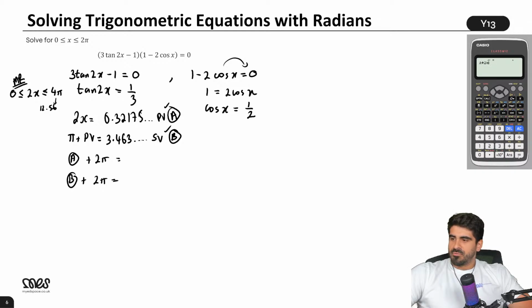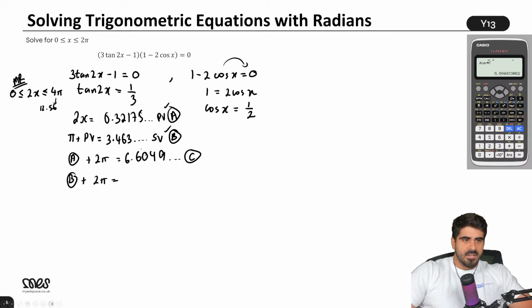Remember, do not write anything down until you've stored it. Store it as C. Then we're going to do B plus 2 pi. Store that as D.